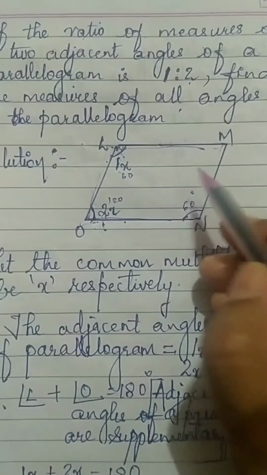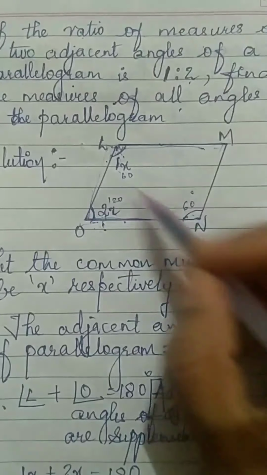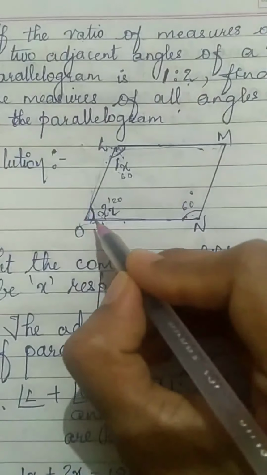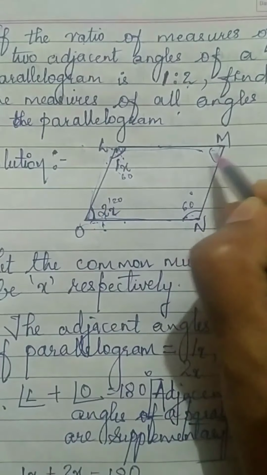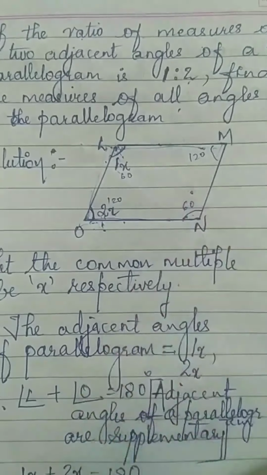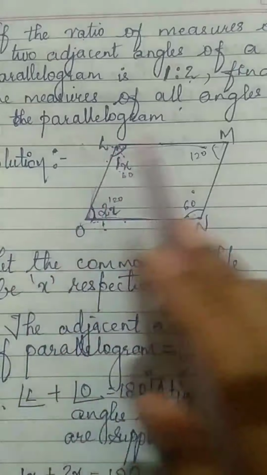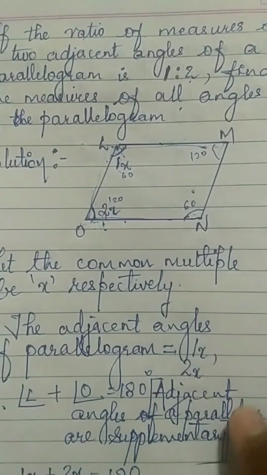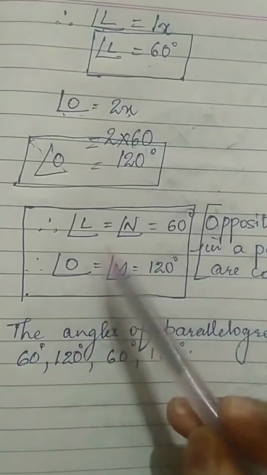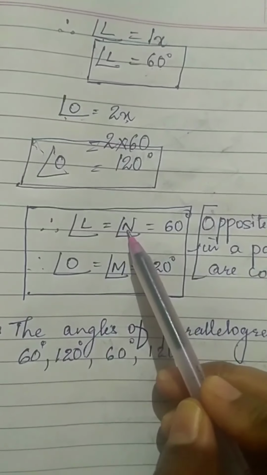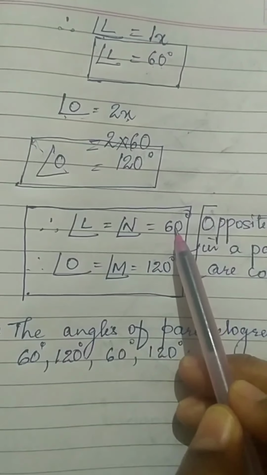Why? Reason, opposite angles of a parallelogram are congruent. If O is 120, then M will also be 120. Same reason. Okay, opposite angles of a parallelogram are congruent. Now you will write this reason and you will mention all the angles of the parallelogram. So from the figure, we got angle L equal to angle N, both will be 60 degrees.